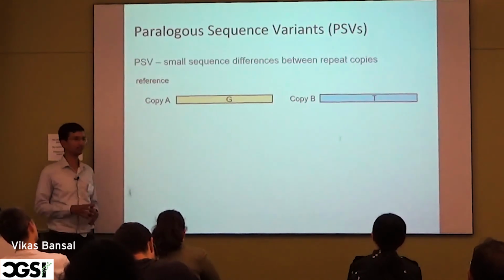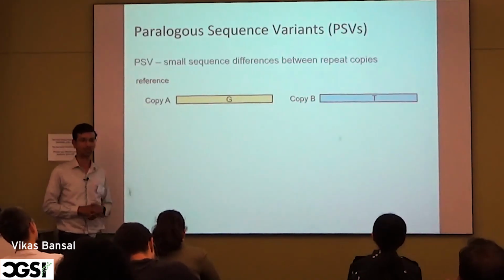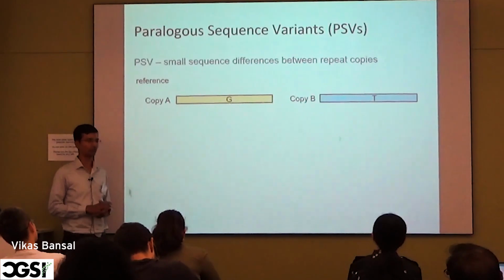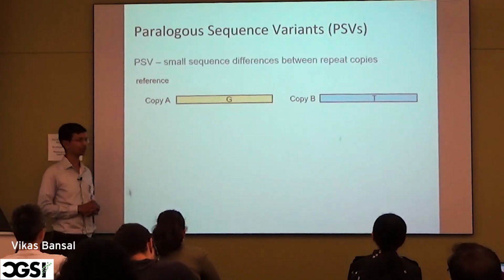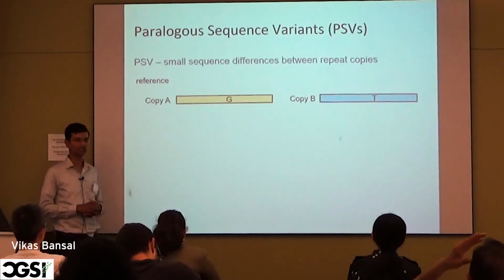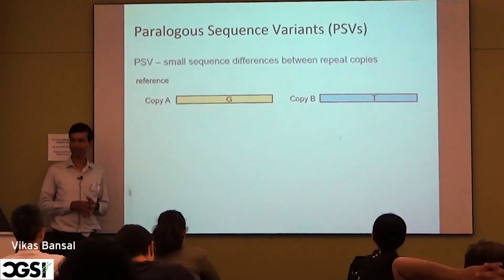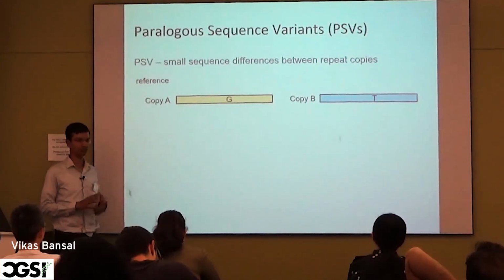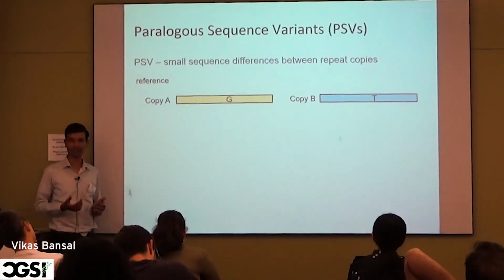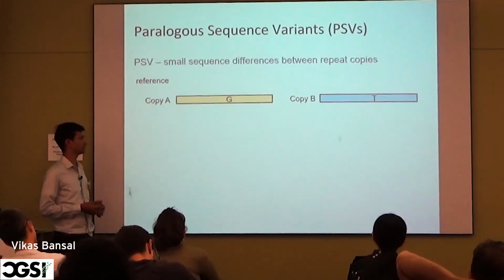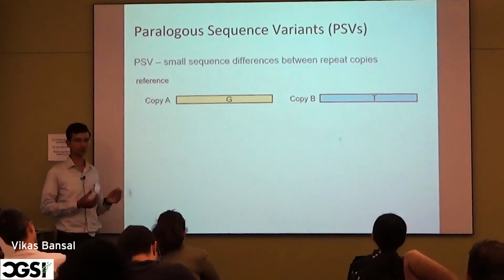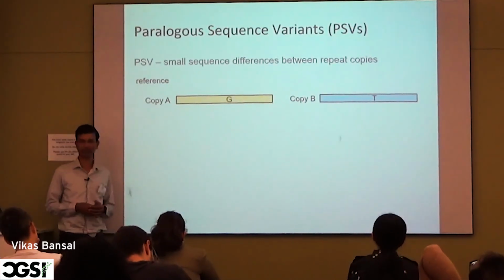Another important concept is what's known as paralog sequence variants, or paralog-specific variants, or PSVs for short. So if you look at a gene with 2 copies, and the sequence of the 2 copies is not identical, there are some differences between the 2 copies, then each such position is referred to as a PSV.